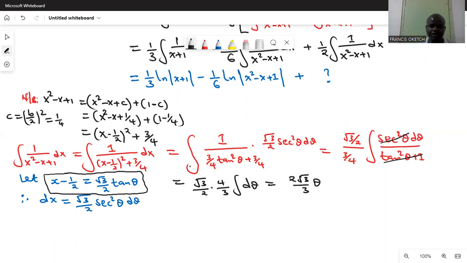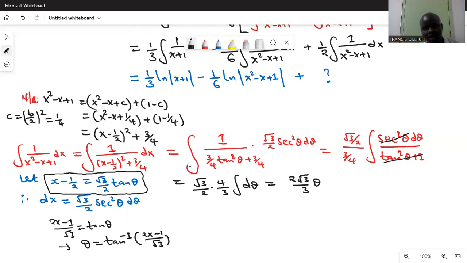If I multiply by 2 over root 3, I'm going to get 2x minus 1, multiplied by 2 over root 3, being equal to tan theta. So from here, make theta the subject. So theta is tan inverse of 2x minus 1 over root 3.